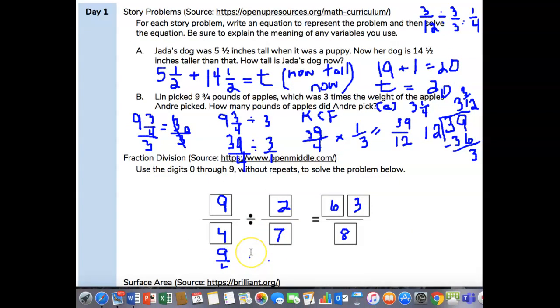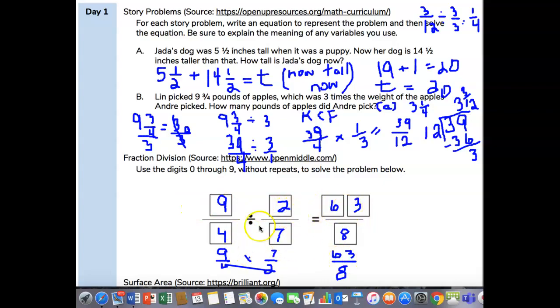So 9/4 times 7/2. So this is 4ths. And then you see we multiply across. 9 times 7 is 63. And 4 times 2 is 8. And you see we didn't repeat numbers.